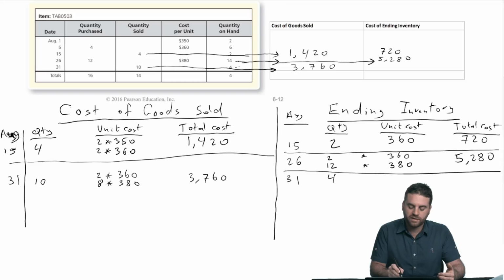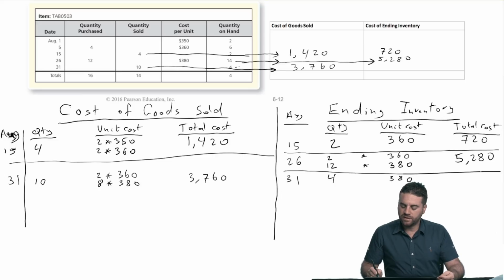And then if you look back at the table here, you will see that we have 4 units. All those 4 units are from the purchase that we did on August 26. Remember, we took 8 out of those 12 units, so we still have 4 units left over. All of those 4 units cost us 380 each.